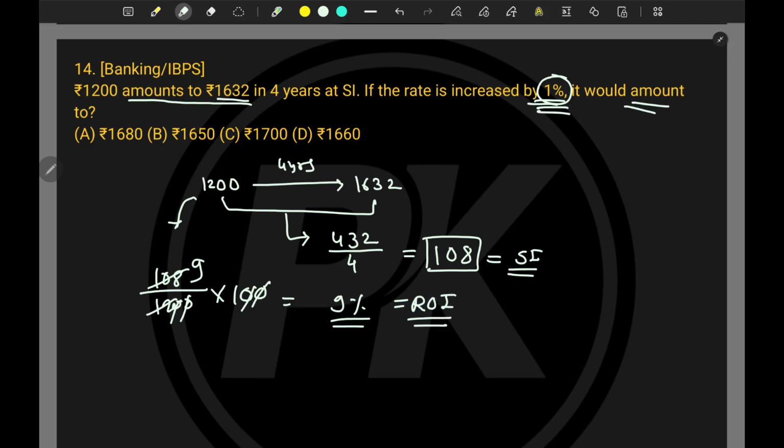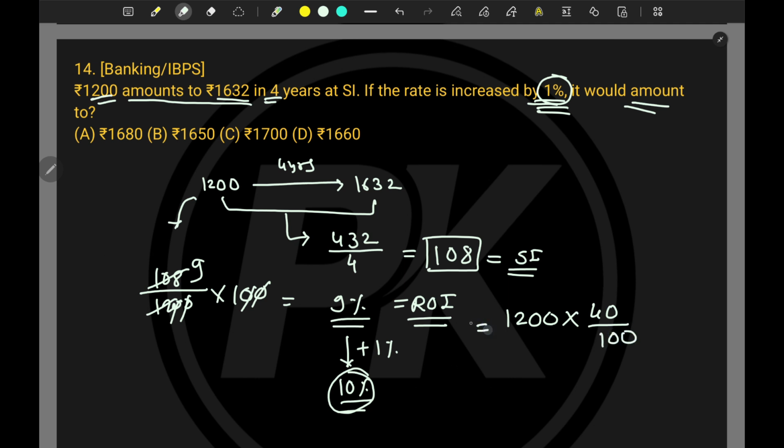Now the rate of interest is increased by 1%. That means it will be 10%, right? What is the amount? 1200. For how many years? 4 years. What is the rate of interest? It is 10%. For 4 years, it will become 40%.